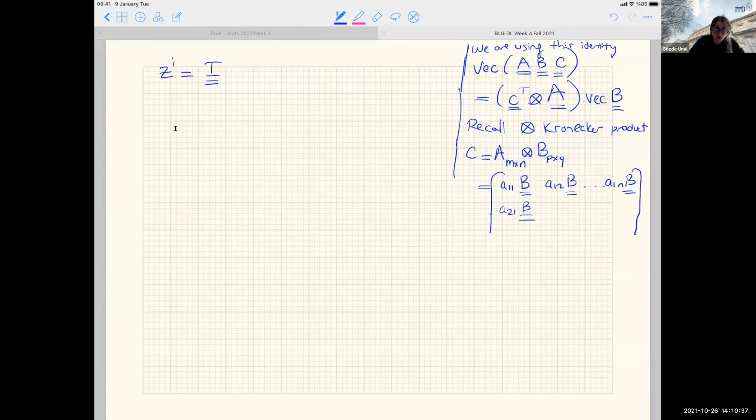Then this whole thing, you can see AM1B. So this C becomes, in the end, an M times P by N times Q matrix, because we have everybody here. The Kronecker product really enlarges your matrix, it just combines the two matrices point by point. That's the idea, if you recall this. This is a recall of the Kronecker product.